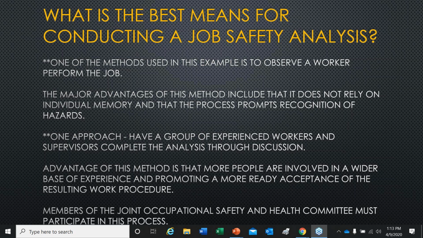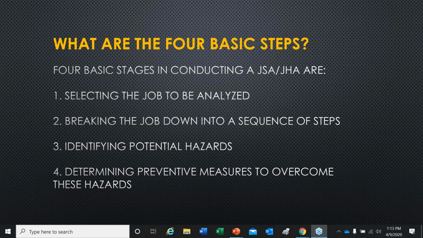Then you also want to have not just the supervisor and maybe the employee, but if you have a health and safety committee, those people should be somehow involved either in the review itself or, once the JHA is completed, as a participant in the process to look at it. So those are the ways of conducting it with your people that you need to know about.